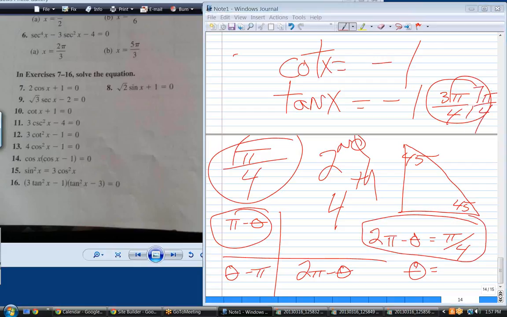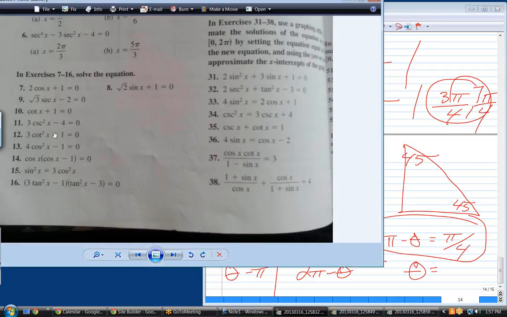Those are your two solutions. Cool. Now, this only has two solutions because it's a linear equation. It's not squared. So we would expect one solution, and then of course one solution usually has two different quadrants where it's true. And that's the case there.